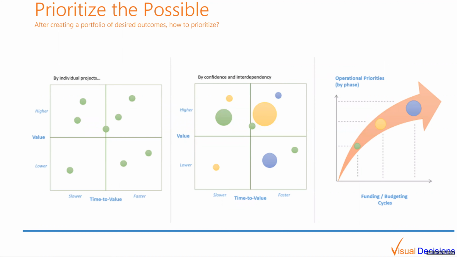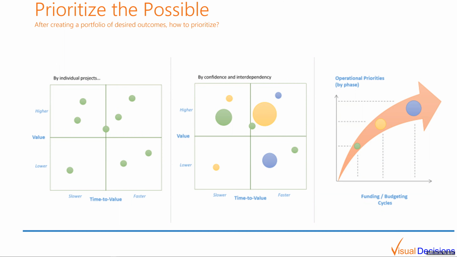And then finally, as we take these different factors into account with the different projects that we could put in place in this portfolio, we want to balance these things out, time to value versus overall value. Obviously, we want to do the things that are going to be fast and have a really high return, but we also want to look at the confidence that we have. How likely is this to be adopted by our people?